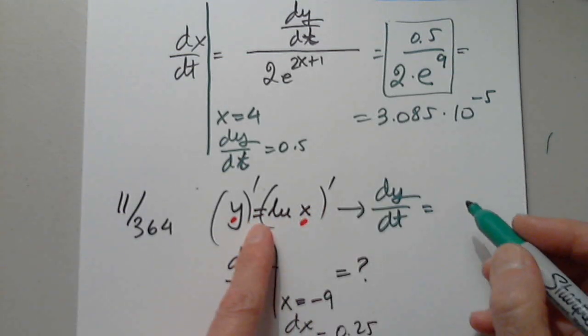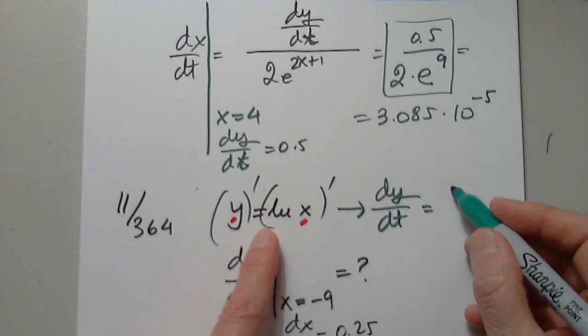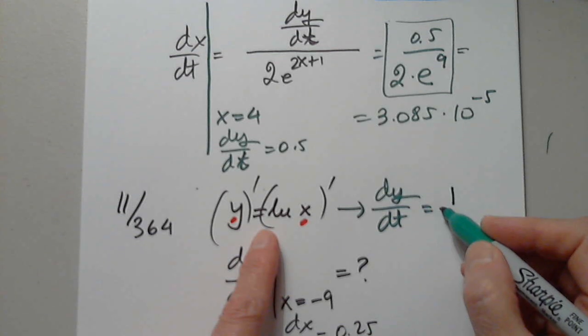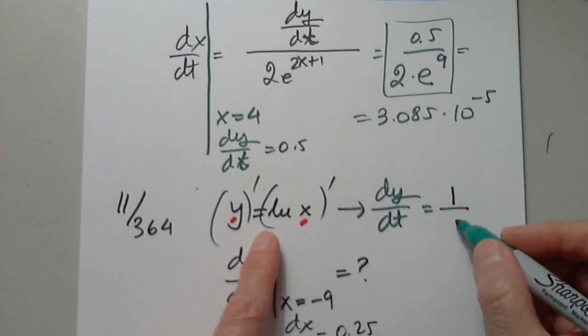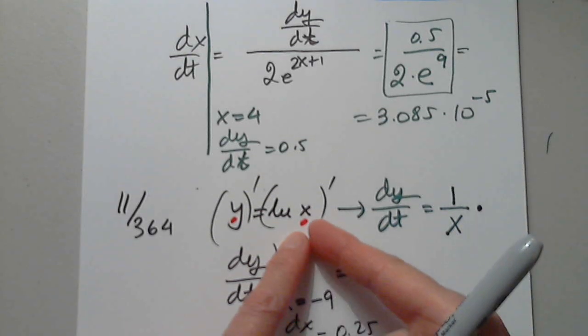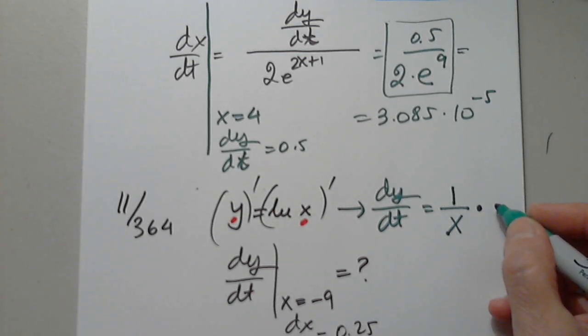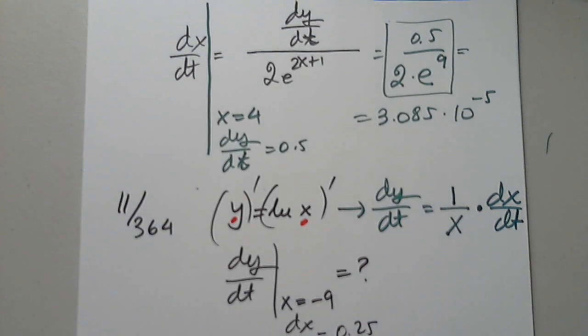So first the natural log, 1 over x. Exactly. Times the inner function prime, dx over dt. Excellent. Done.